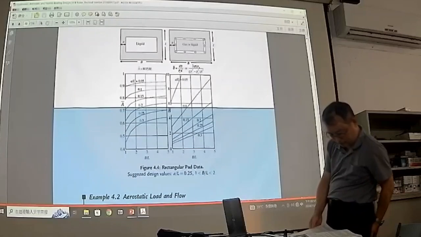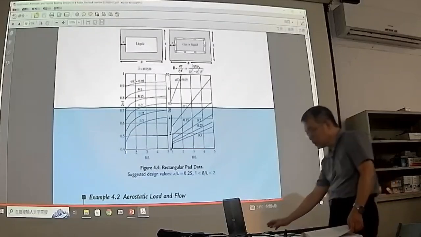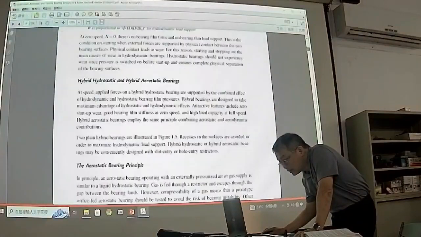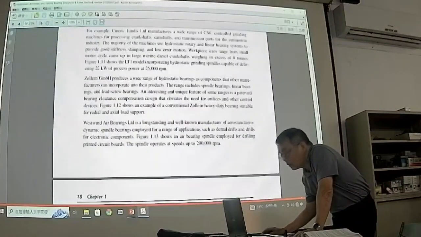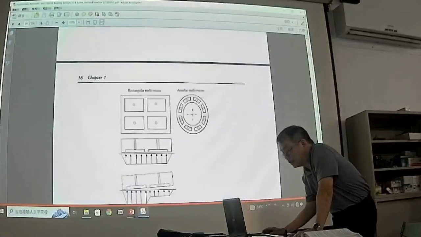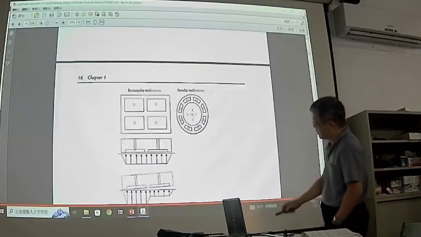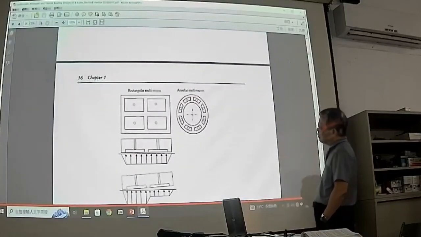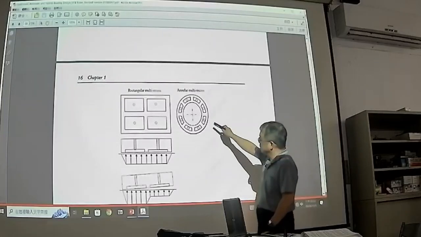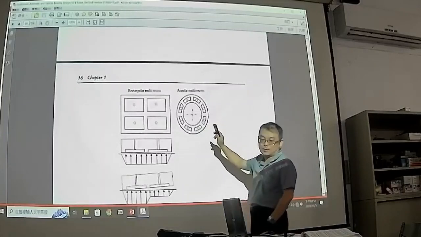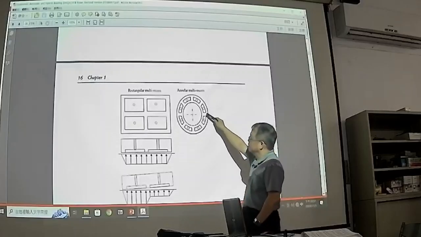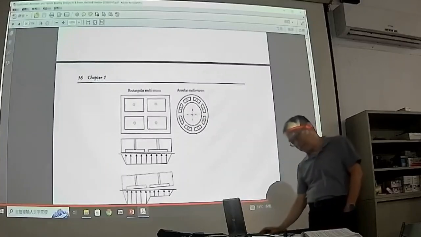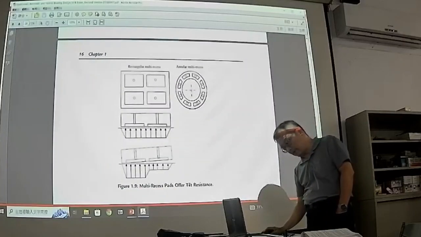On page 16, I'll try to remind you. For example, this is also an annular circular bearing, but here we have 8 recesses. Instead of one, you have 8 recesses in the circle. But for our example here, we have only one recess.